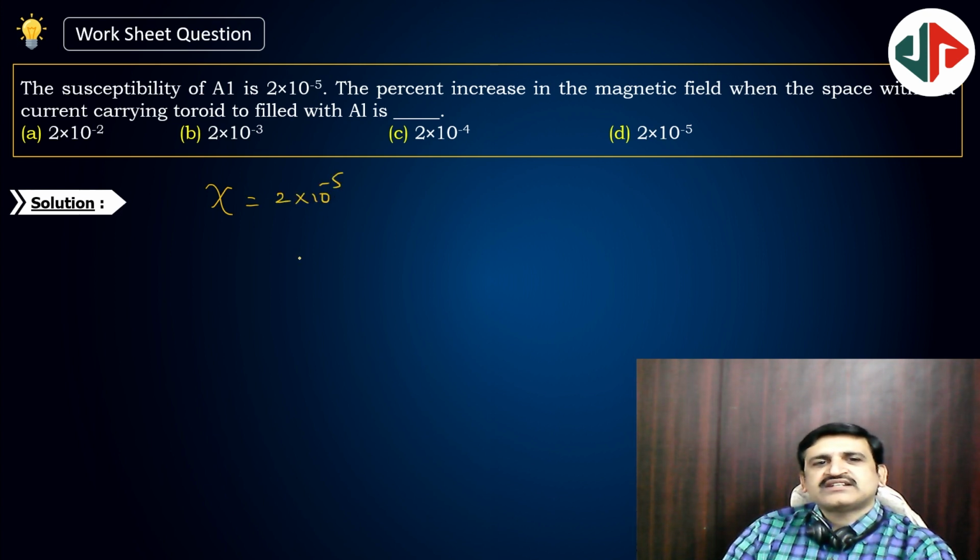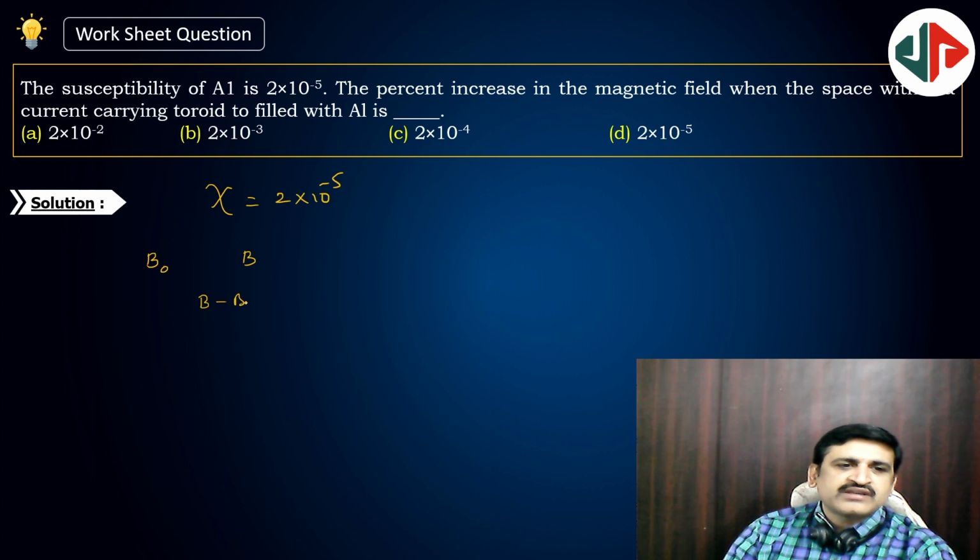What is the percentage increase in the magnetic field when the space within the current carrying toroid is filled with this material? Initially B naught is there, finally B is there. So percentage increase means (B minus B naught) by B naught into 100.